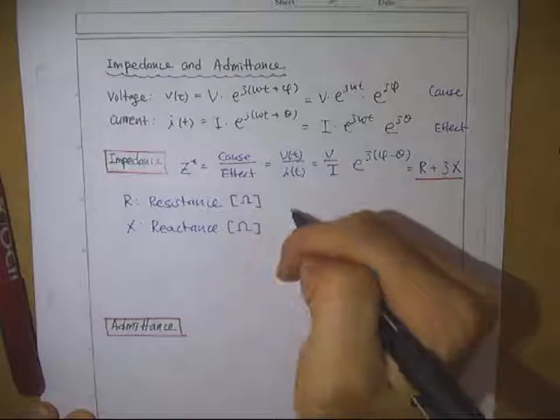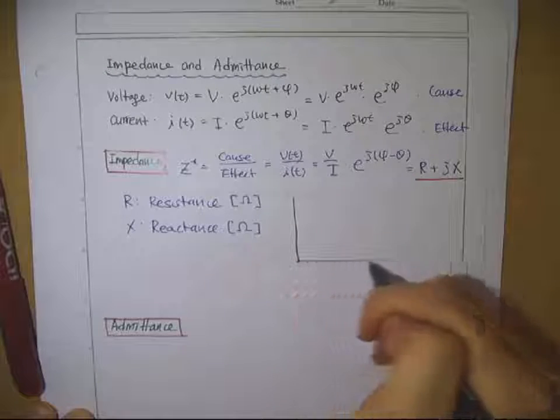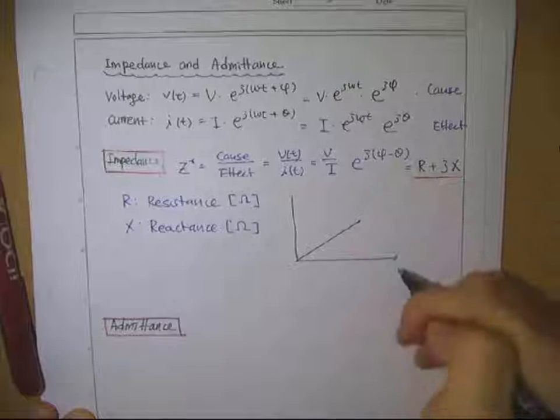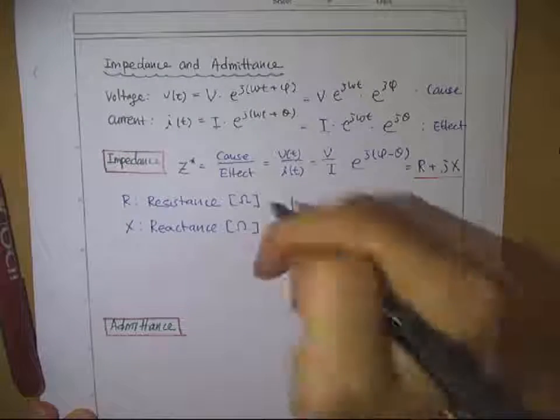Because it's a complex number, we all know that we can draw the Z in the R and X space.